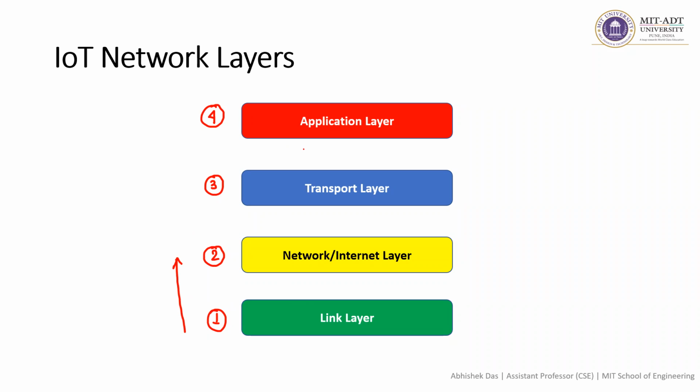As I said, each layer has different IoT protocols, and based on those protocols, they help maintain effective communication between two devices, or between a device and a cloud-based server. I will start with the first layer, the link layer.